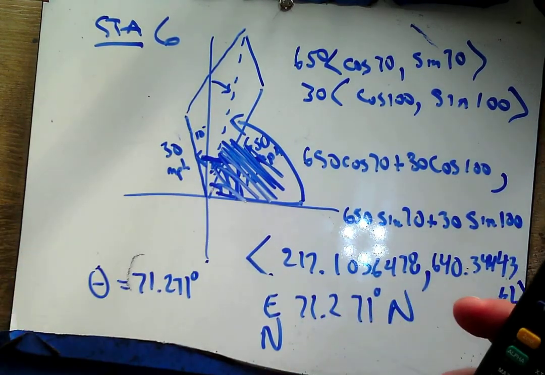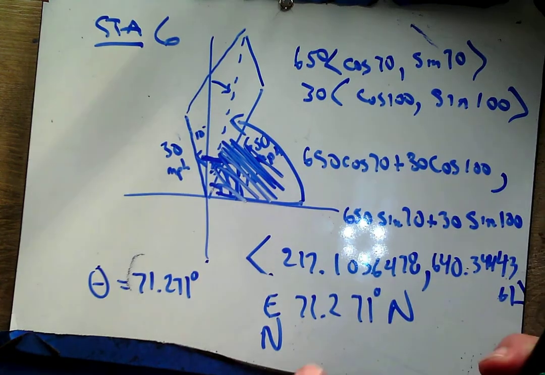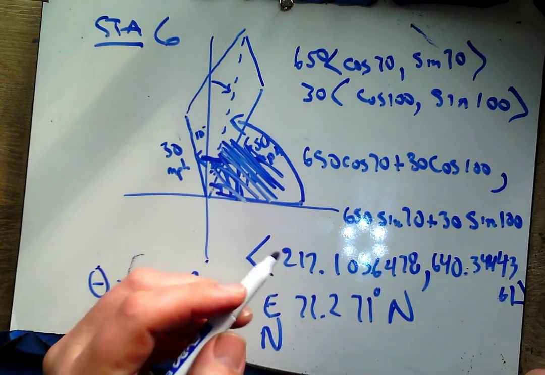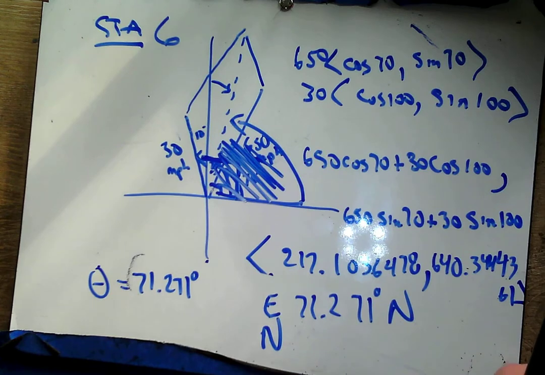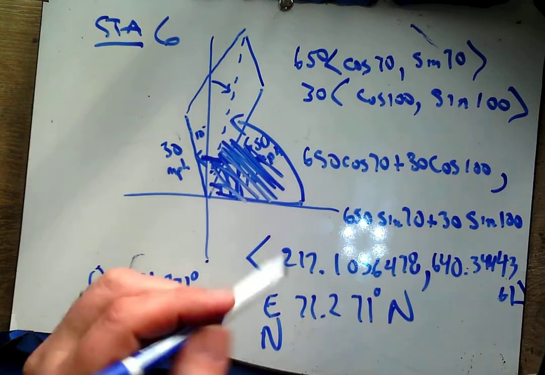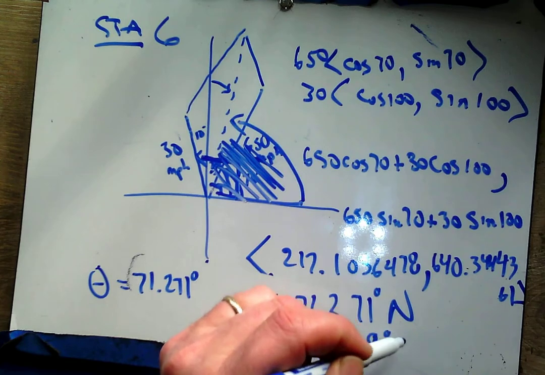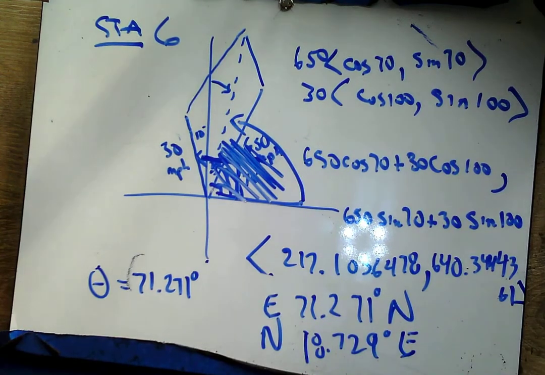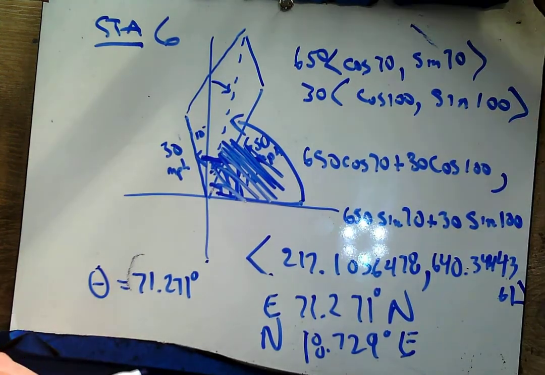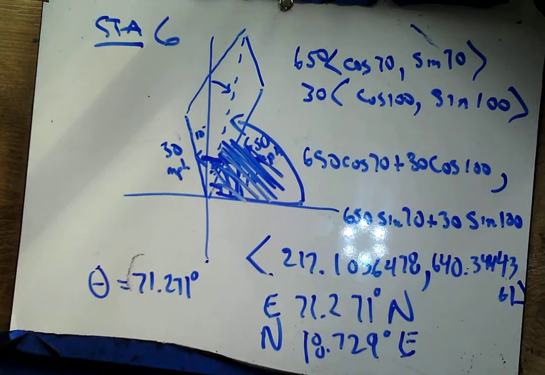So if I do 90 minus 71.27118362, I end up with north 18.729 degrees east. Okay, so I hope you have one of those answers. Yeah, normally we go east first.